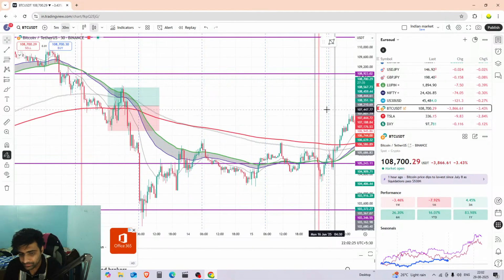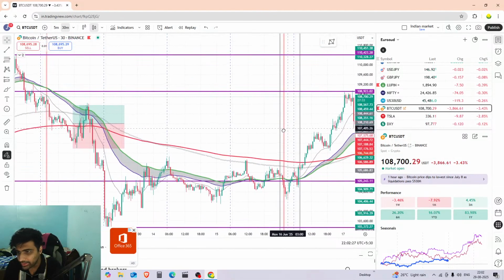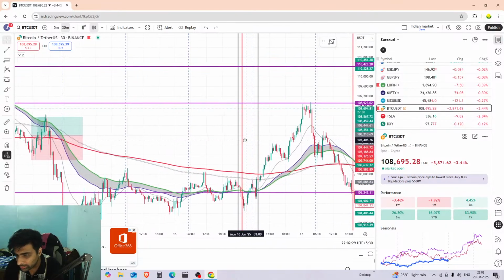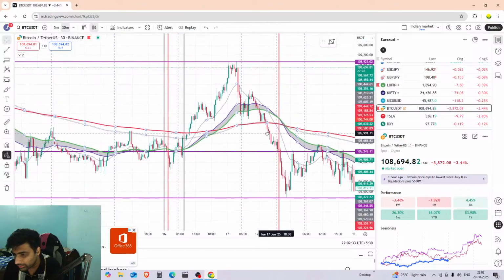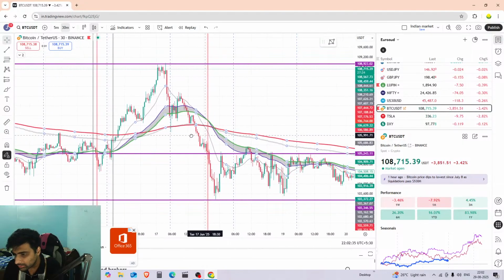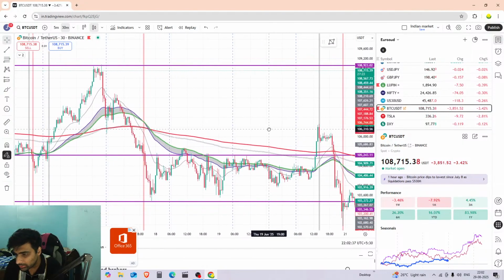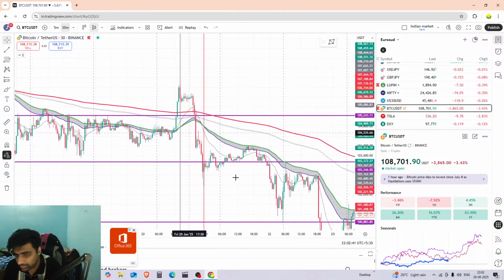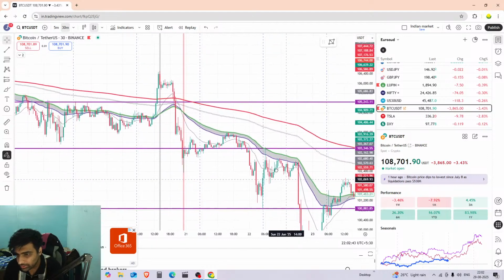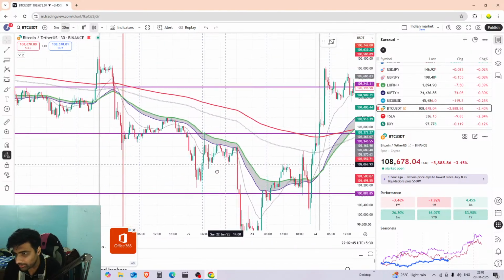Aha. The market changed the trend, going up. Oh, it again came down. So the market is consolidating, right? Okay, consolidating. Not a double bottom, not a double top.